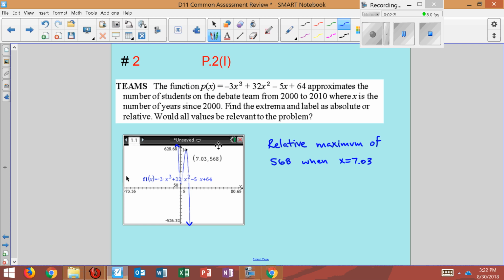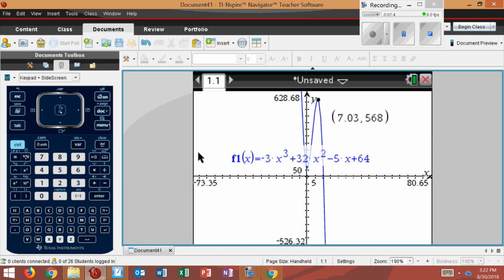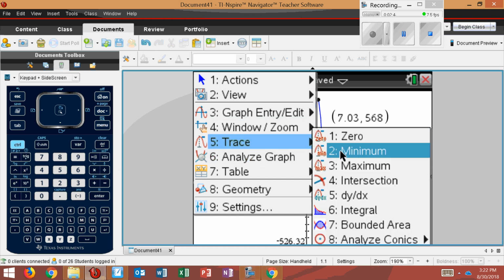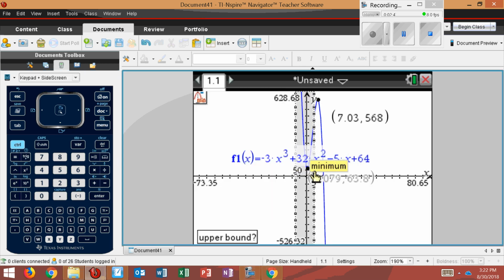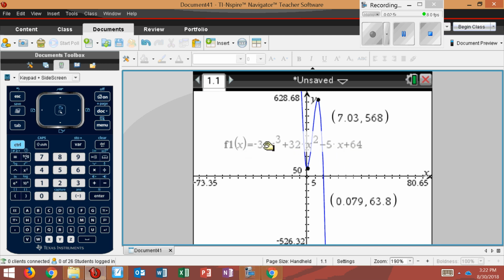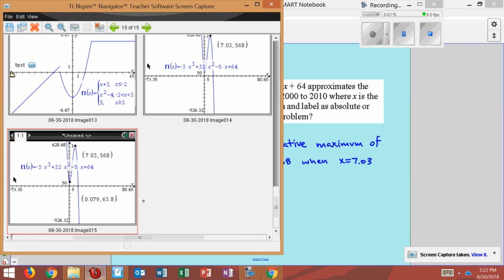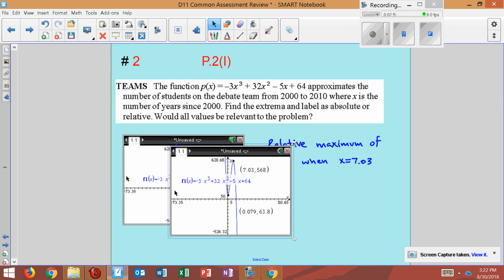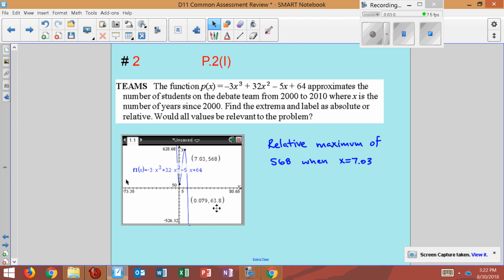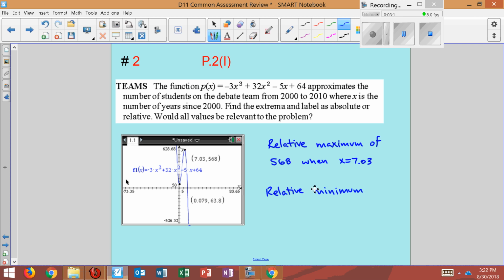And now we also got to find this minimum here. So when I go back to my graph, because extrema means both maximums and minimums, I go here, and I find this minimum given by that value. And so now we see we have a relative, or again, local, another word you could use, minimum, 63.8, which we're talking about people here.